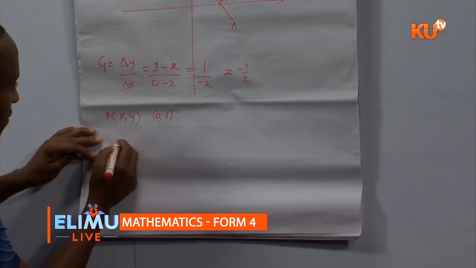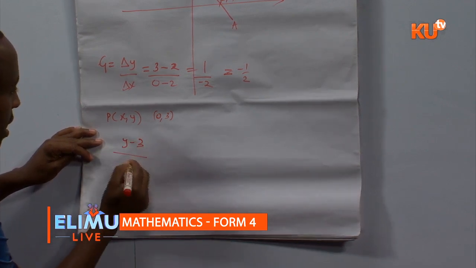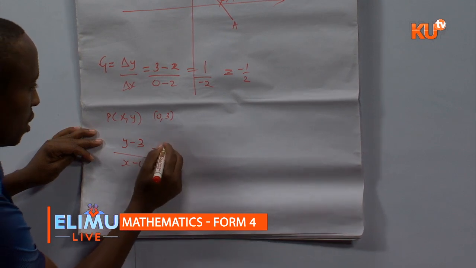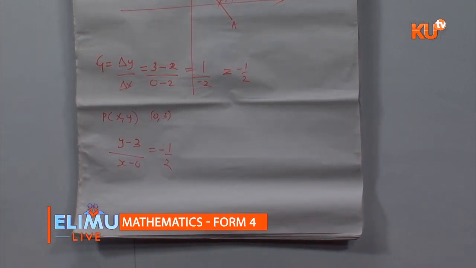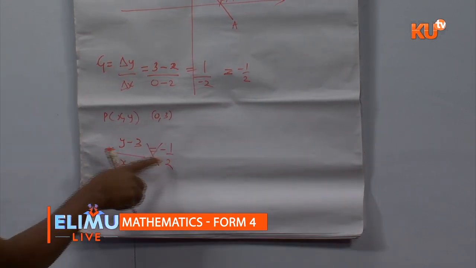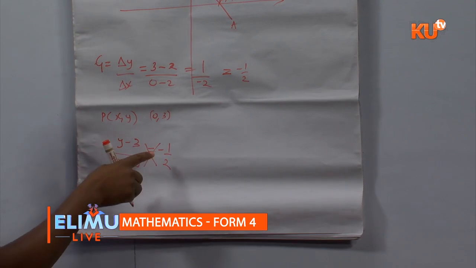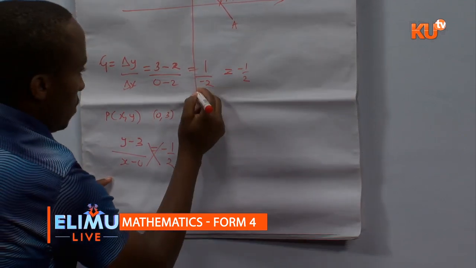So the equation of a line is now (y minus 3) over (x minus 0) is equals to negative half. Up to there, hope you are together. So you cross multiply this: 2 multiplied by (y minus 3) and negative 1 multiplied by (x minus 0).